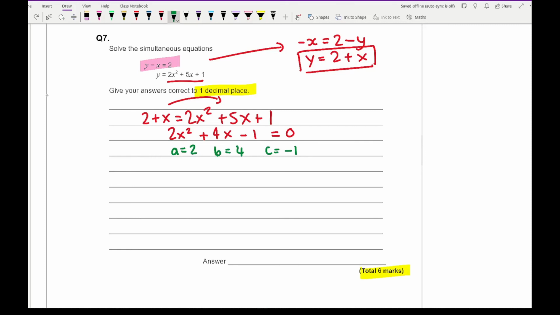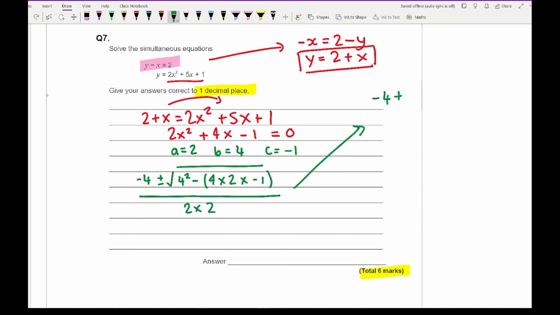So I've got minus 4 plus or minus the square root of 4 squared minus 4 times a times c, all divided by 2 times a. So from this, let's just simplify this. So I end up with minus 4 plus or minus 4 squared, which is 16.